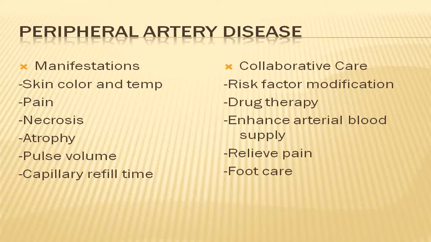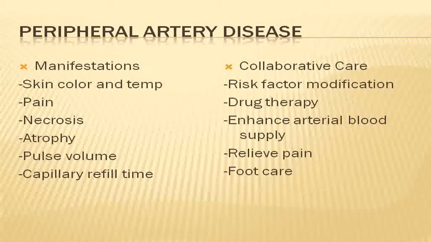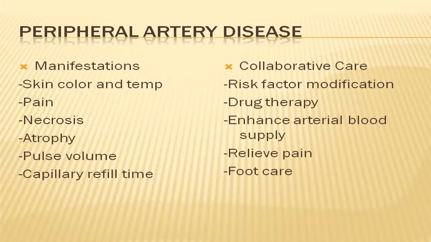In addition to the extremity being cold, there's also going to be pallor or paleness associated with it. We normally have a pinkish hue to our skin, and that's because we have adequate blood supply. But in this person, the arteries are occluded, so this person has diminished blood supply, and so the area is going to be pale because it lacks blood supply.